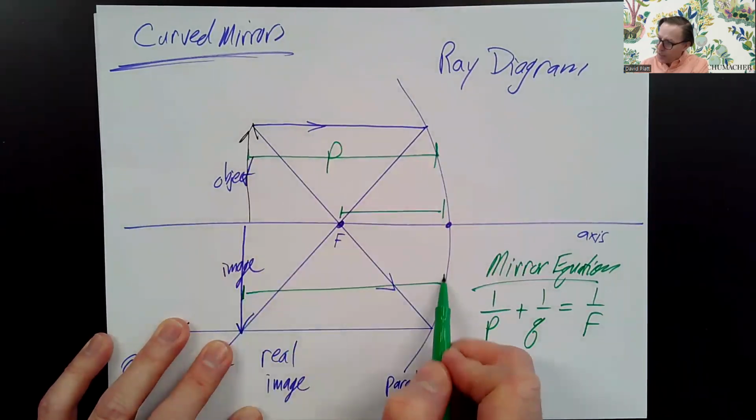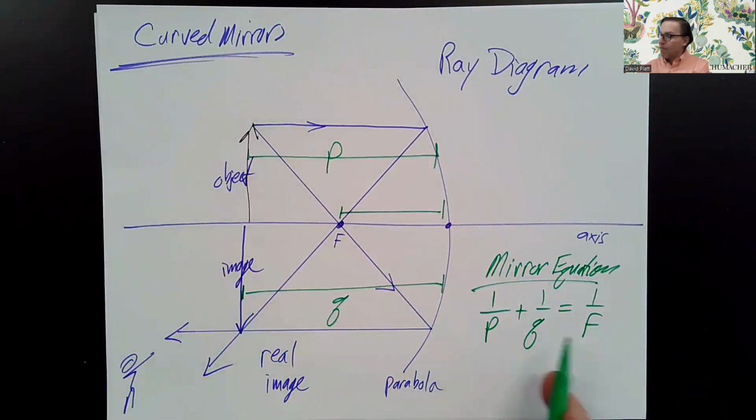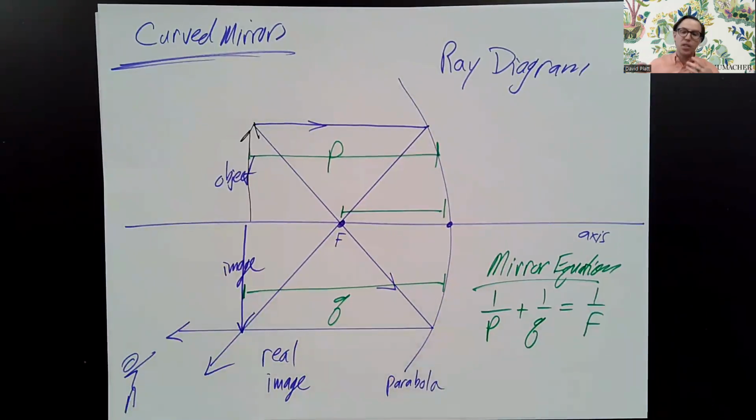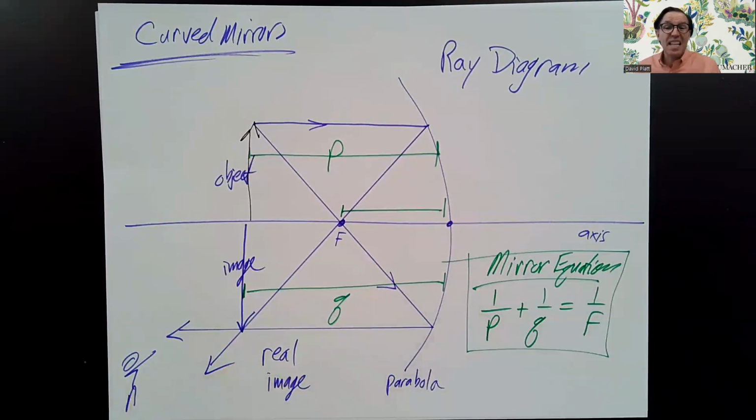And this is Q, the image distance. And those three things, object distance, image distance, and focal length, are related via this equation. And it's called the mirror equation. It's worth memorizing. You're going to use it tens of times, maybe even approaching 100 times as we go through this chapter.